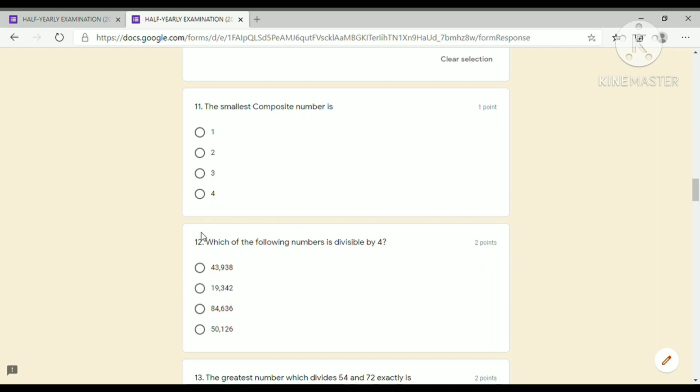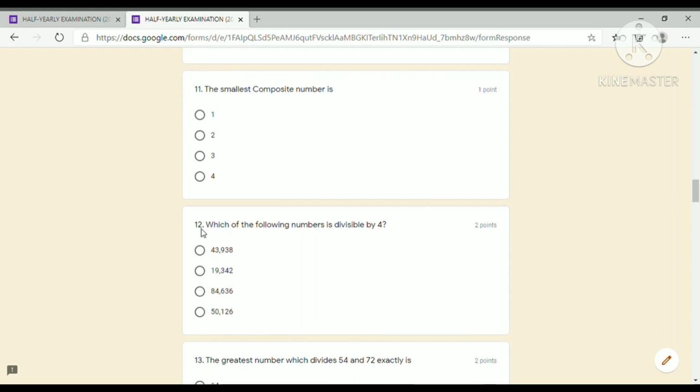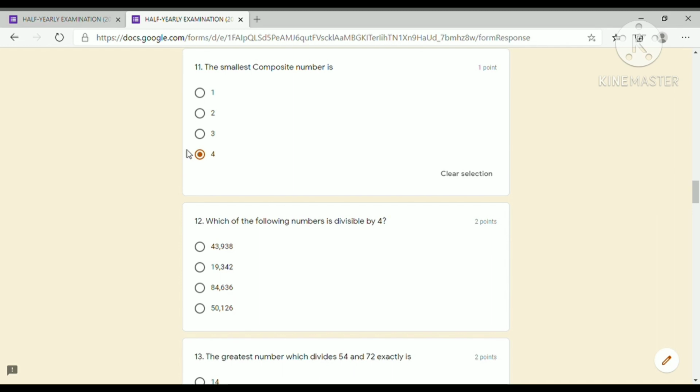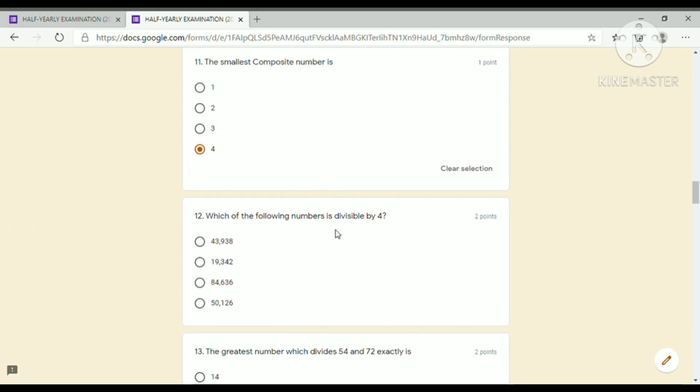The smallest composite number: which is the smallest composite number? The smallest composite number is 4. Okay, as 1 is a unique number, and 2 and 3 are prime numbers, the smallest composite number will be 4. Now the next question is, which of the following numbers is divisible by 4? For this, you should know the test of divisibility by 4.